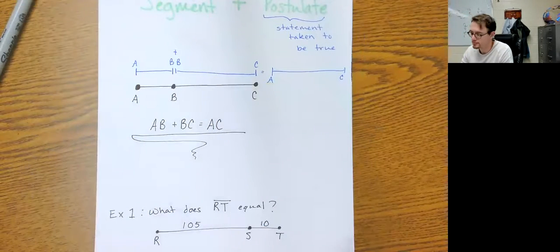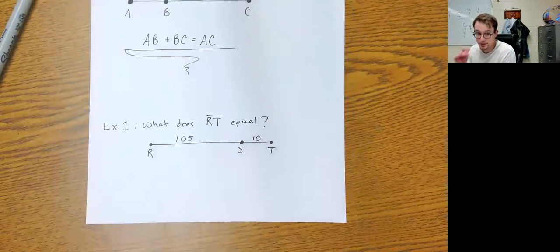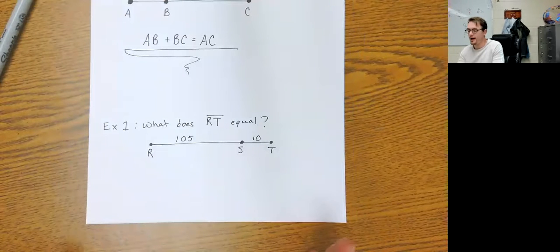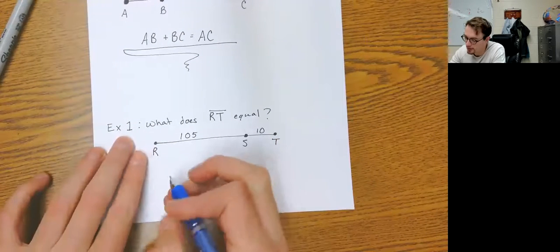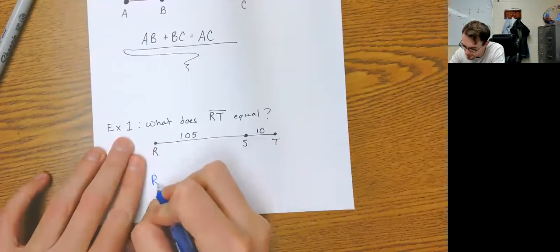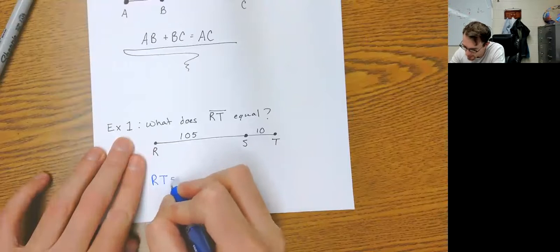Okay. So let's go through some examples. I got 5 examples. We're going to go through how this is going to be used. So if I want to find out RT, I want to find out what that equals.